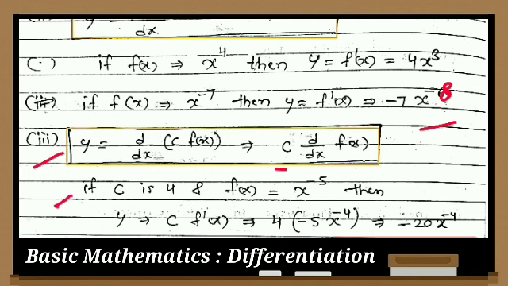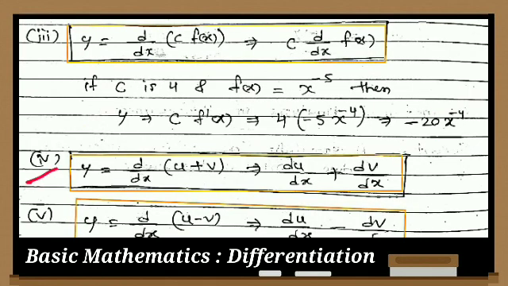If c is 4 and f(x) equals x power minus 5, then y is the differentiation of f(x). y equals c f dash x, which is 4 times minus 5 x power, here comes minus 6, not minus 4. 4 times minus 5 x power minus 6 equals minus 20 x power minus 6. You have to correct it here: don't put minus 4, put minus 6.